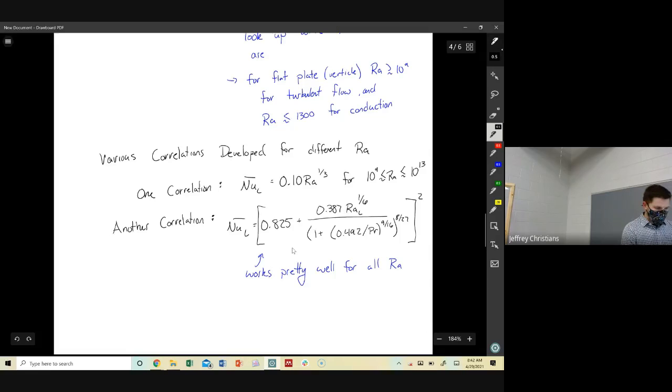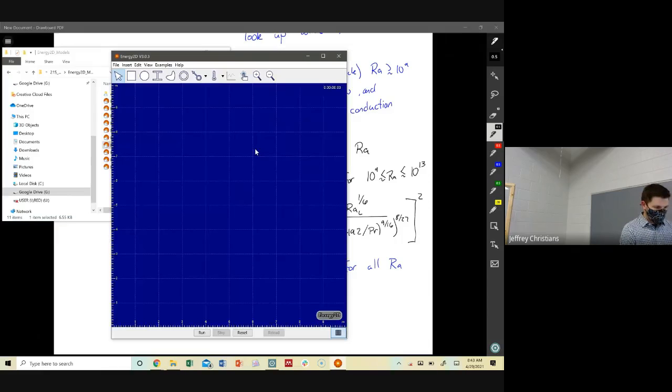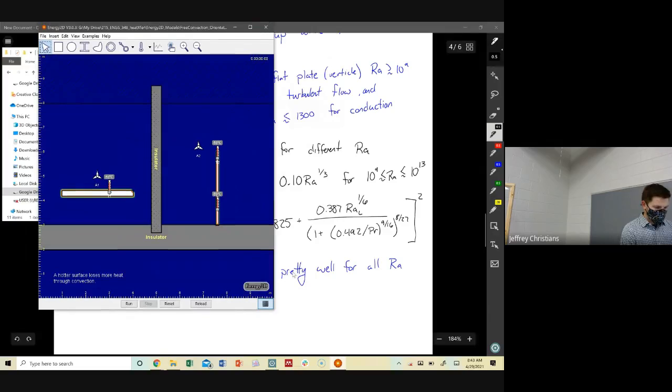So I want to spend the next little bit just showing us some simulation results. So we'll get some chance to play with this. It's a super basic simulation software. At the same time, though, I think it's useful for just quick visualization.